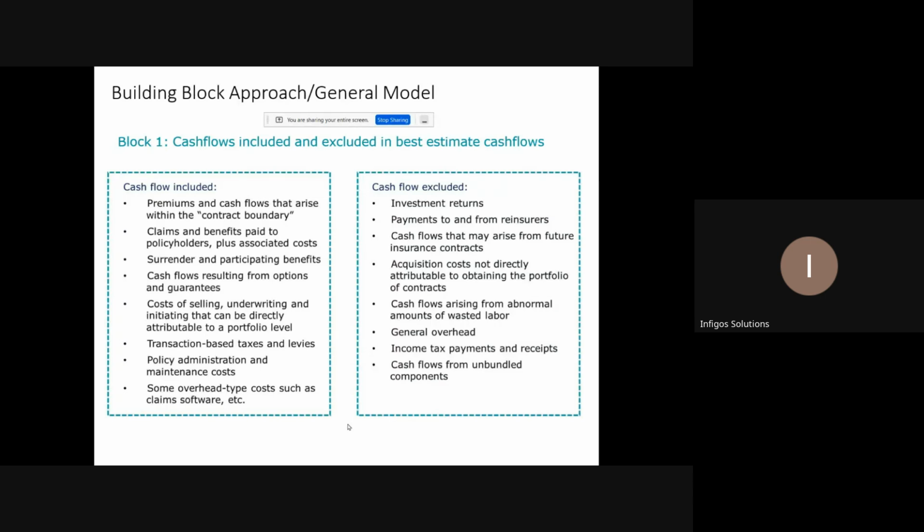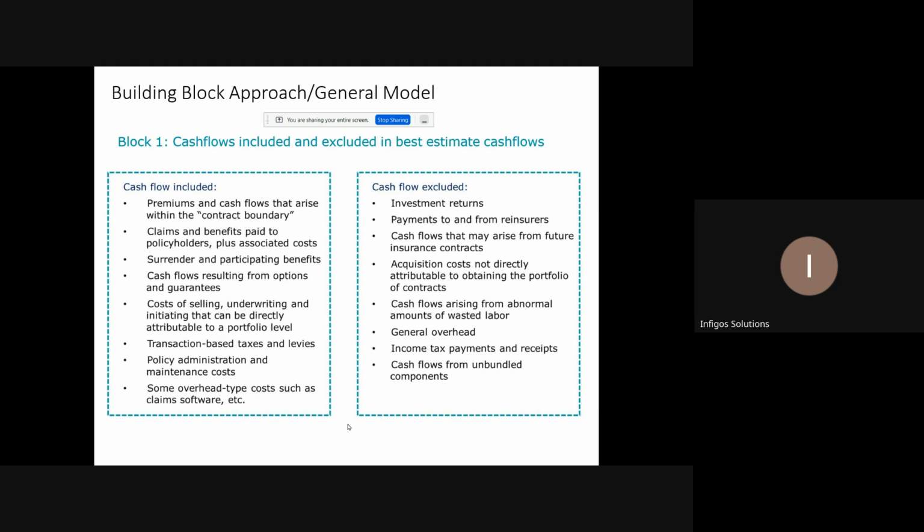So there are cash flows which are related to the building block approach. Those cash flows are related to premium, claims, options and guarantees, and the cost of selling, underwriting, and initiating that can be directly attributed at portfolio level.